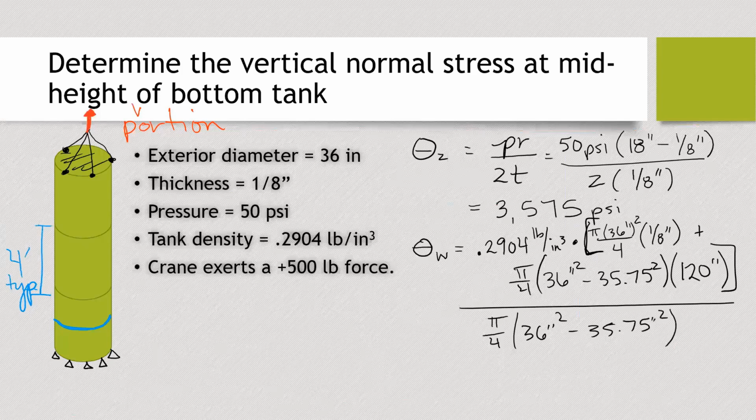See what you get there. What are we dividing that by for you? All of this weight of the tank is being supported on this cross-sectional area, right? And so we're dividing by that area of the tank at that point to figure out what the stress is.